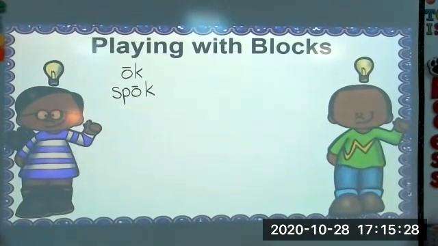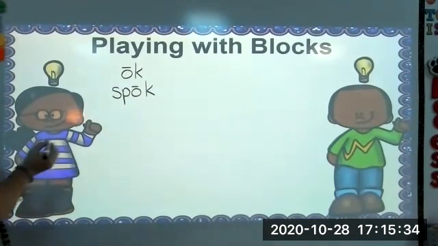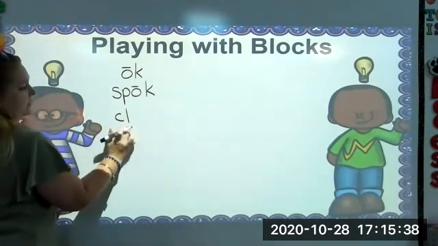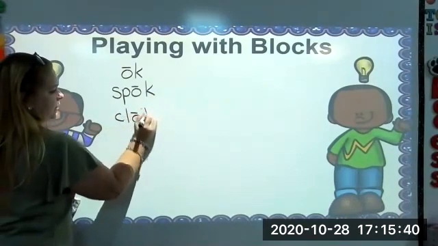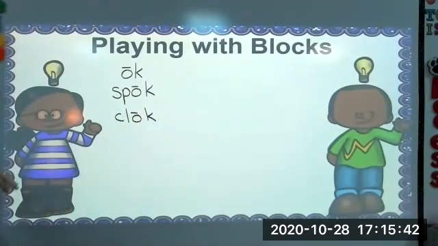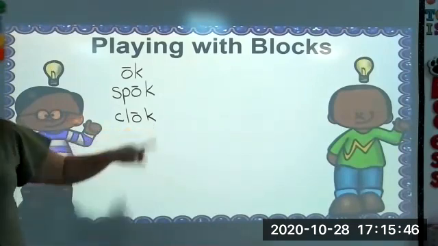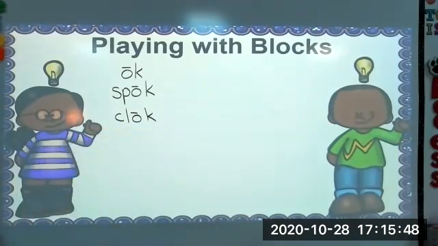It is spoke. Good. But now I want to change it. Instead of having sp, I want to have cl. So cl, oak. What's my new word? My new word is cloak.